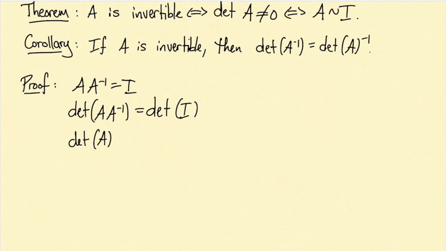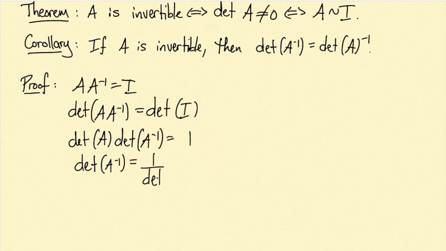Then divide both sides by the determinant of A, and we have now shown that the determinant of A inverse is 1 over the determinant of A. And that's it for determinants.